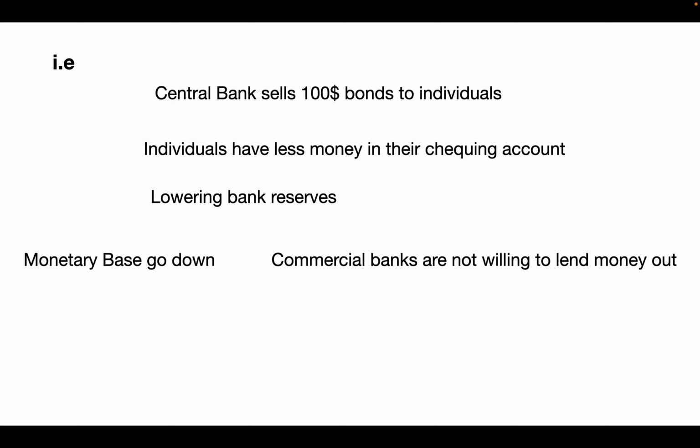According to the formula, when the monetary base goes down, the money supply will also go down. At the same time, when bank reserves are lowered, the commercial banks are not willing to lend money out, and this will also impact the money supply.